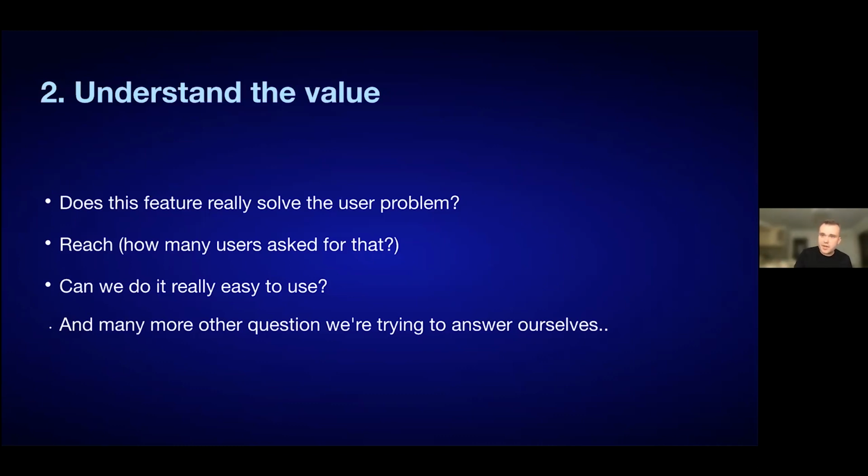Do we need an AI to help users to use this feature or not, and so on. So it's really important to understand that this feature does really solve users' problems. If not, it's better for us to take those opportunities which solve users' problems or which could bring our users new value or the value as it is.